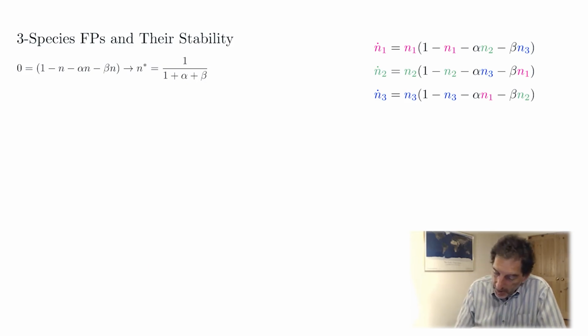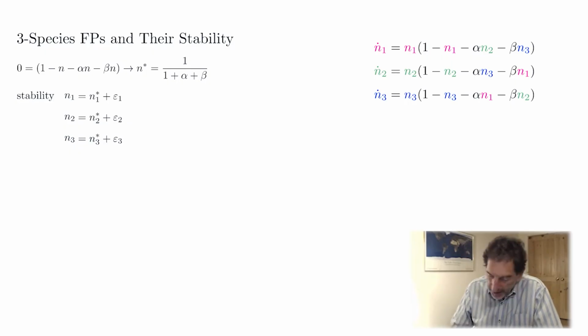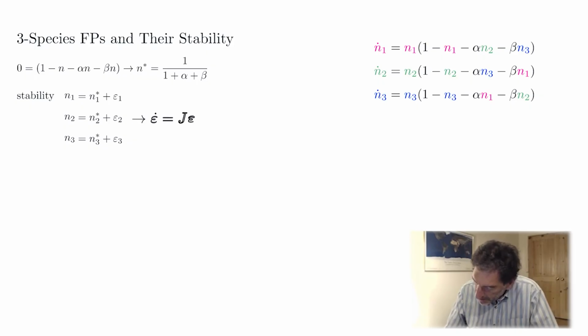And once again, now we look at stability. And so we again write n1 is equal to n1 star plus epsilon 1, n2 is equal to n2 star plus epsilon 2, n3 is equal to n3 star plus epsilon 3. And so we end up with the equation of motion epsilon dot is equal to the Jacobian times epsilon.